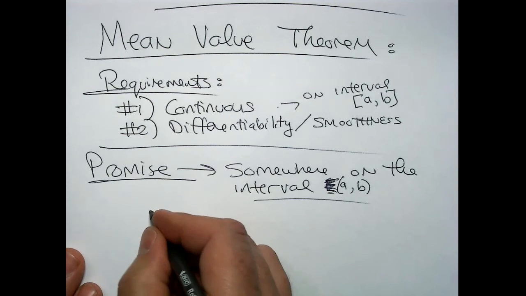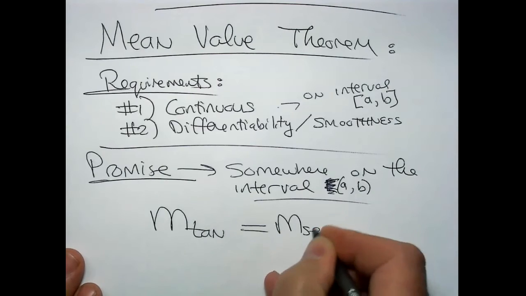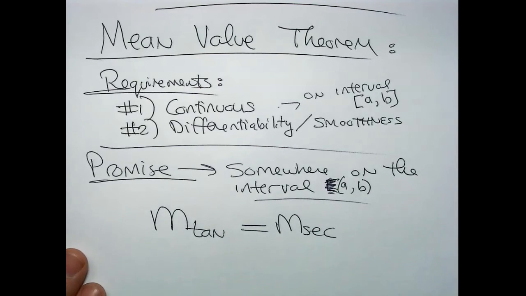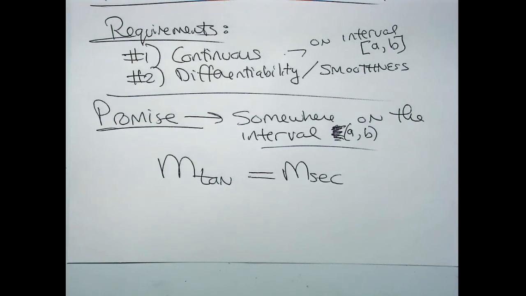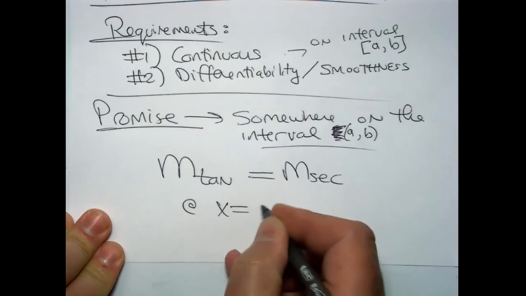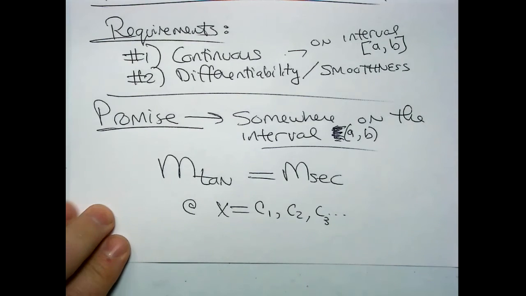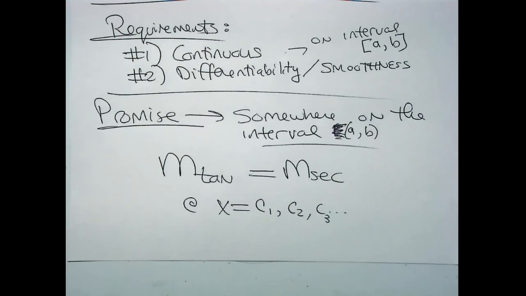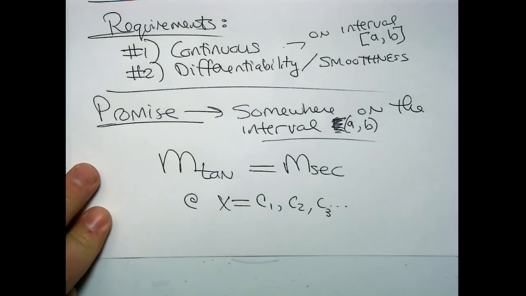Somewhere on the interval, the slope of a tangent line to my curve will be equal to the slope of the secant line. That is the promise. I'll be really careful here because I would say that that occurs at x equals c1, c2, however many we get. But be extra careful. These are not critical numbers. You'll see in the picture I draw next that they just can't be critical numbers. It's impossible.